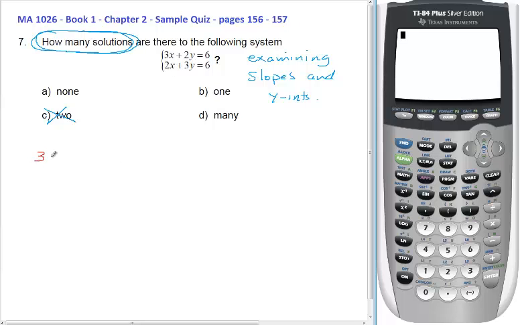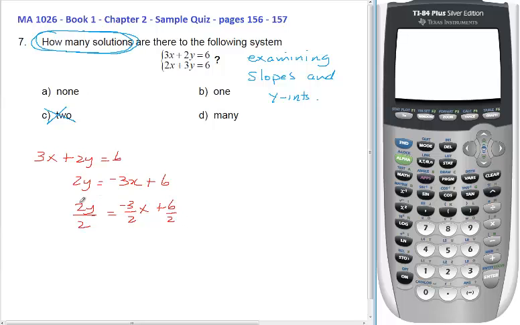We've got 3x plus 2y equals 6. Solving for y to get the slope, subtract 3x from both sides, so you see I have -3x there. Now divide each term by 2. Let's do that in the next step so you see all steps clearly. So -3 divided by 2 x plus 6 divided by 2.